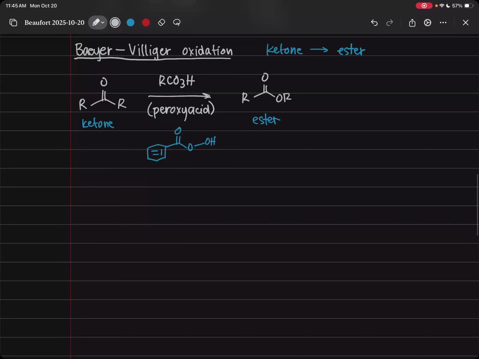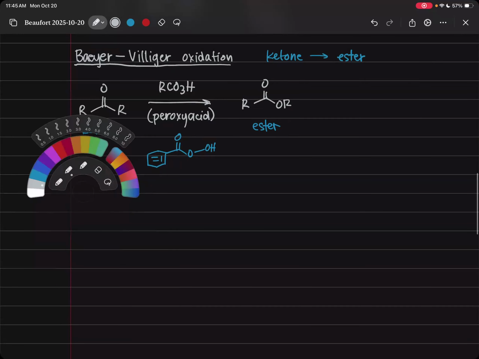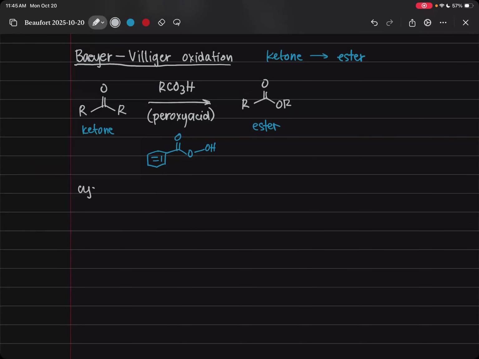Another thing we can do with this is if we have a cyclic ketone, we can oxidize it to a cyclic ester, and cyclic esters are lactones, pretty important biomolecules.